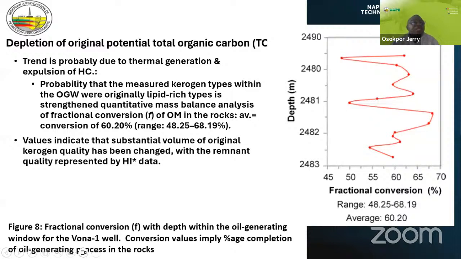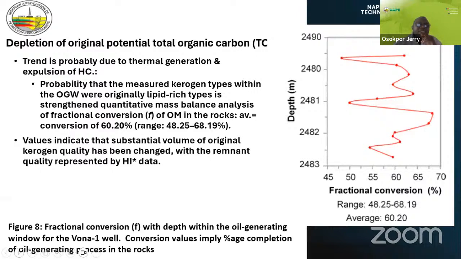Still on that, in order to strengthen our position on the previous slide, we look at the trends that we have noticed above and try to make further analysis. We are thinking that there's a probability that the values measured from the kerogen types within the oil generating window were actually originally lipid rich as stated above.